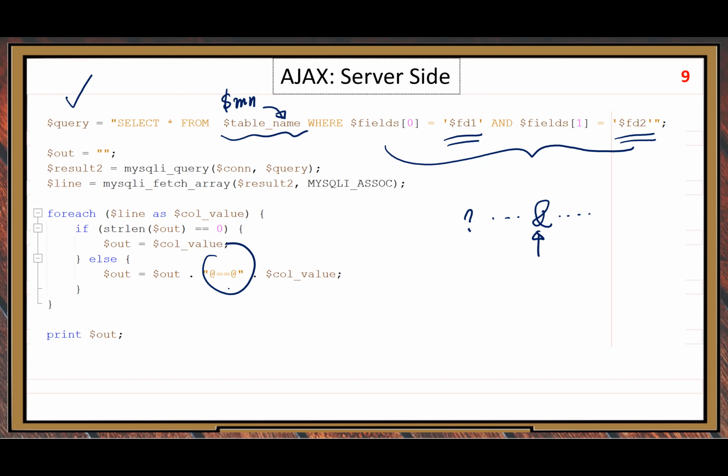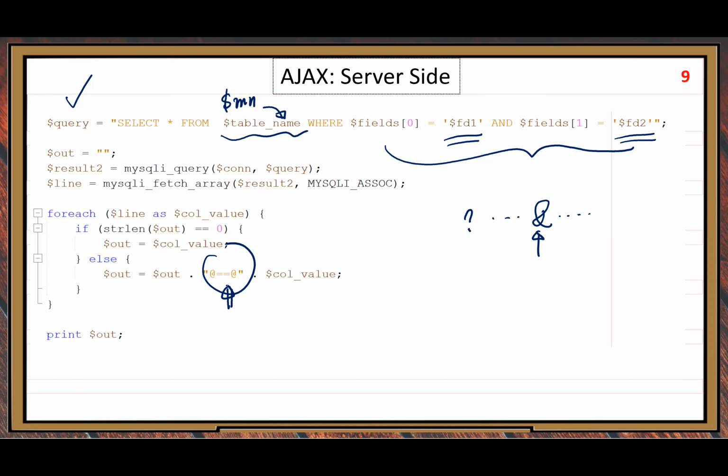But here I use a special group of symbols to separate. I want to make the symbol very special so it won't be confused with the data. Otherwise, if your data happens to have this special symbol, you get a wrong split.